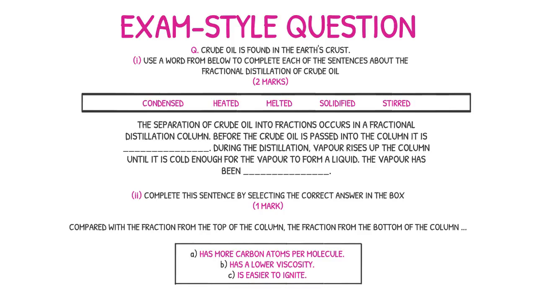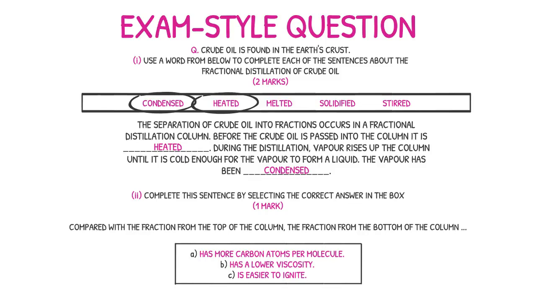Before the crude oil is passed into the column, it is heated. During the distillation, vapor rises up the column until it is cold enough for the vapor to form a liquid. The vapor has been condensed. The 2 marks here are awarded for placing the words heated and condensed in the correct spaces in the paragraph.